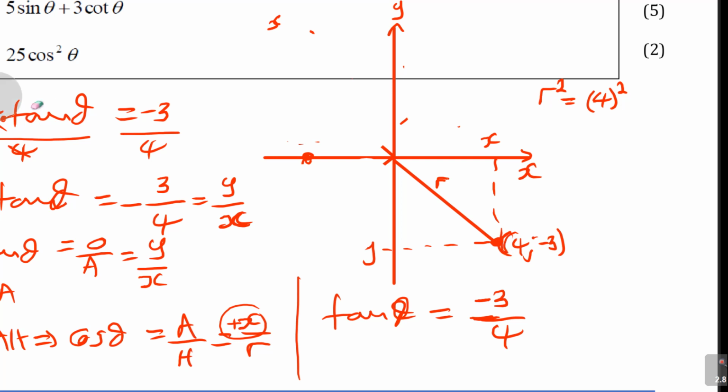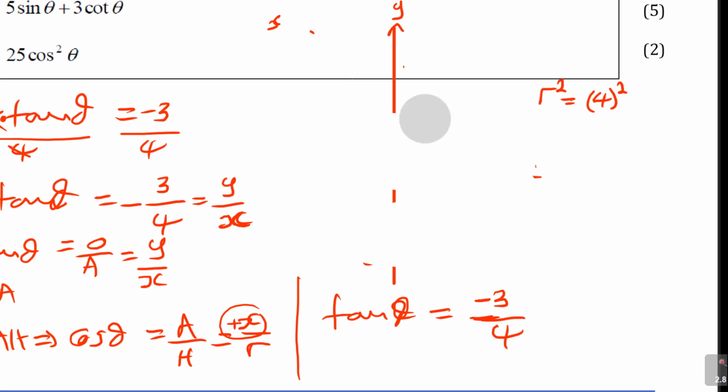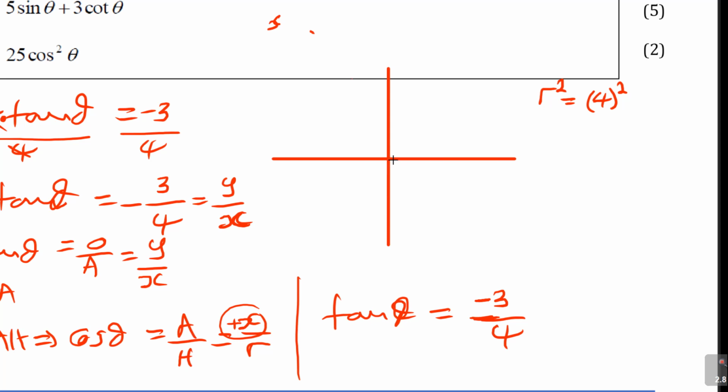Okay, let me actually sketch this so that I show you how not to lose points on the sketching of this diagram. So this is what you do. You take a diagram, you know that it's in the fourth quadrant, and then you do this. And then your theta starts from here to that, and you call it theta. And then here, x is 4, y is negative 3.